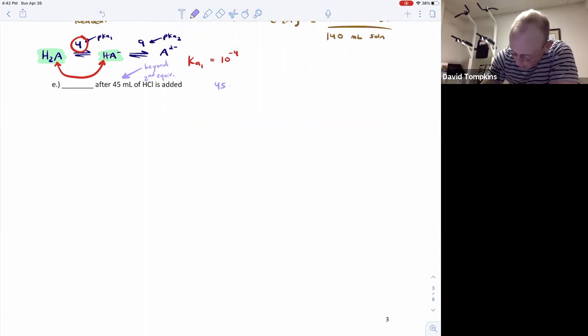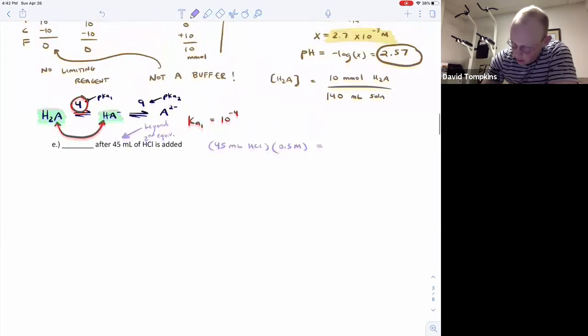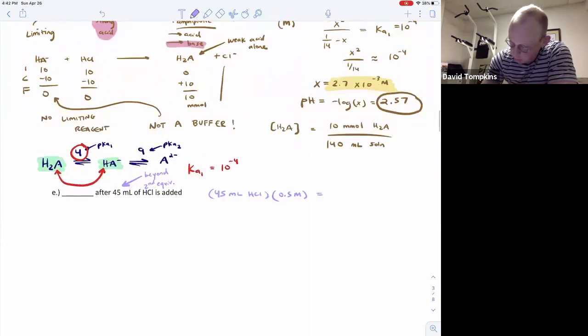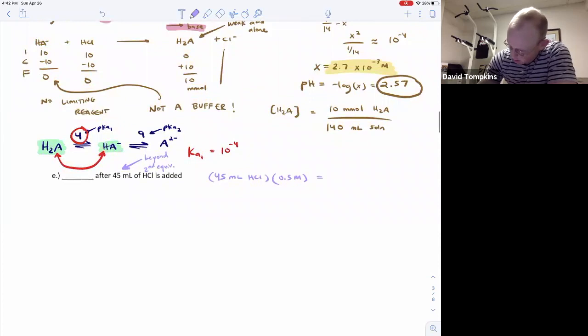If we start now with 45 mils of HCl, and it is, what, 0.5 molar, that's going to give us 22.5 millimoles.